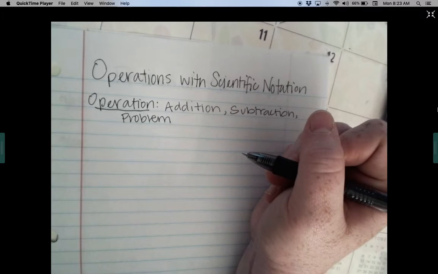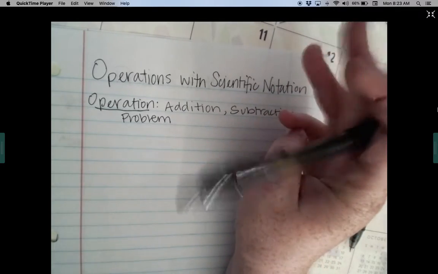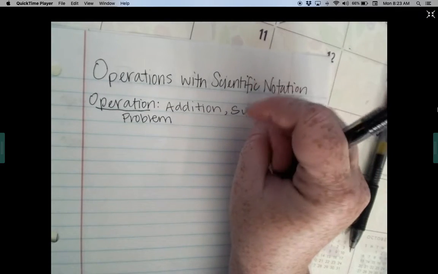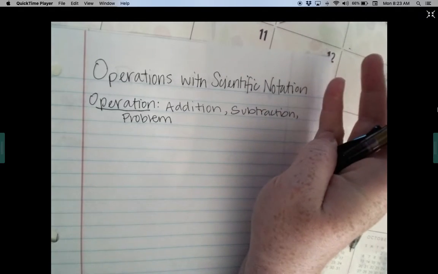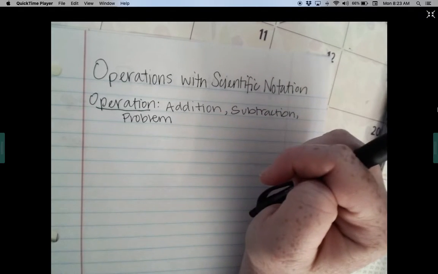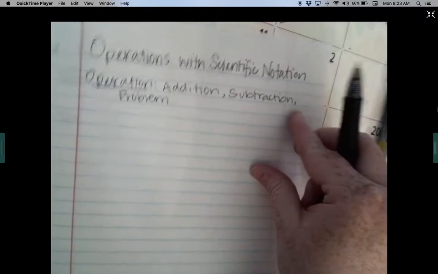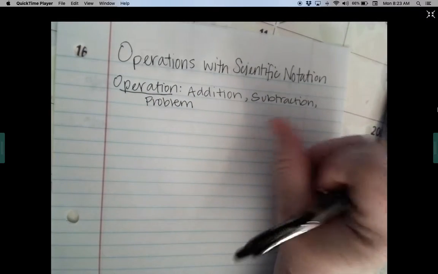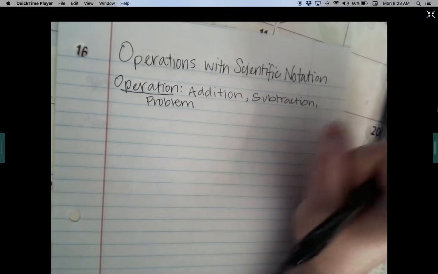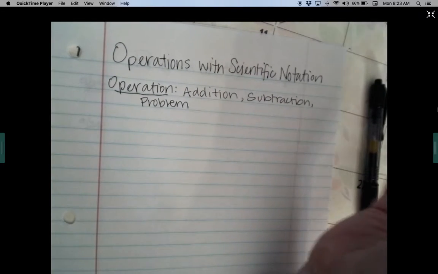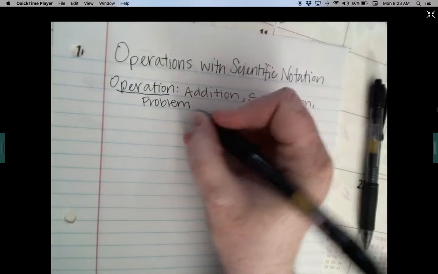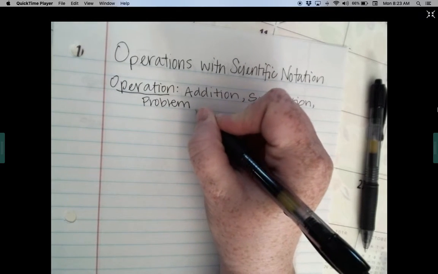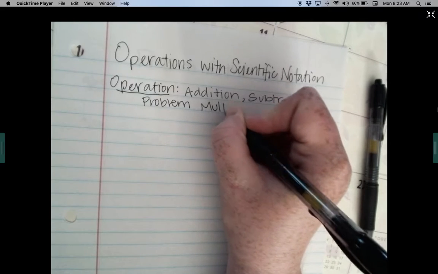Yes. A surgery. So I always compare, so surgeries are a way to change your body or fix your body, depending on what type of surgery it is. So an operation in math is a way to change a number. So I can add more to it. I can subtract from that number. How else can I change a number? Multiplication.